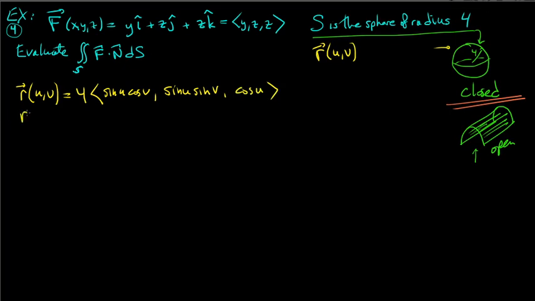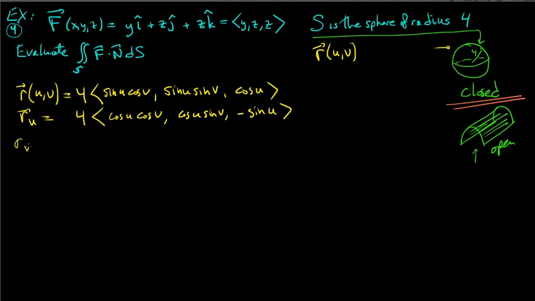We already did the partial derivatives, so here they are yet again. I pulled out the 4. So cosine u cosine v, cosine u sine v, and negative sine of u.